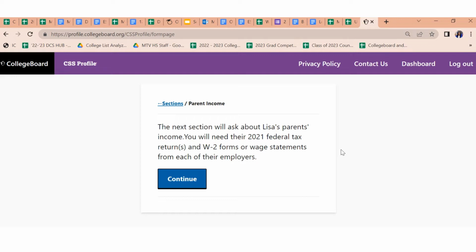So in addition to having your 2021 tax returns and W-2 forms in front of you, that would also be helpful to have so that you can make sure that your FAFSA and CSS financial information aligns.